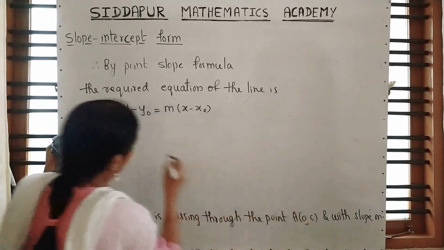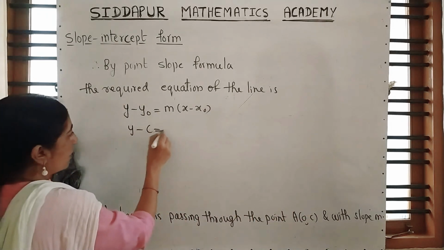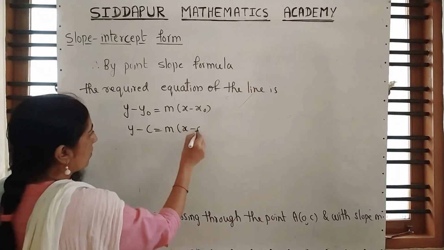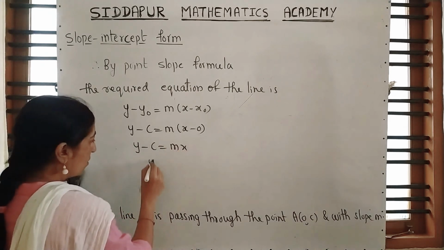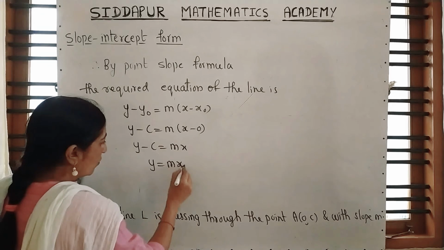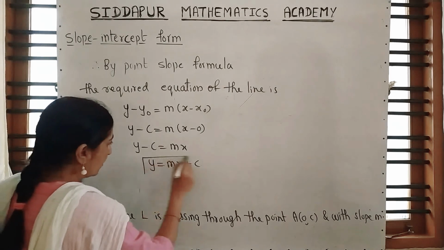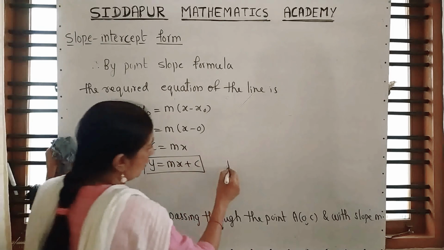This is x naught, y naught. Y minus c is equal to m into x minus 0. Y minus c is equal to mx, or y is equal to mx plus c. This is the equation of the line.